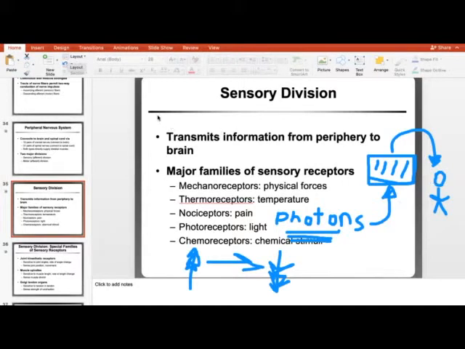Okay, this is called indirect perception. It's called indirect perception. And say, for instance, I'm using my ears. All right, well, the same kind of would hold true.